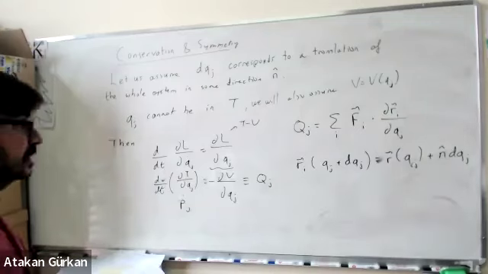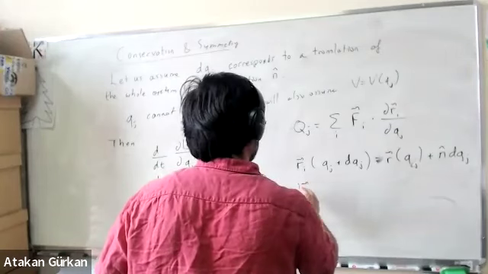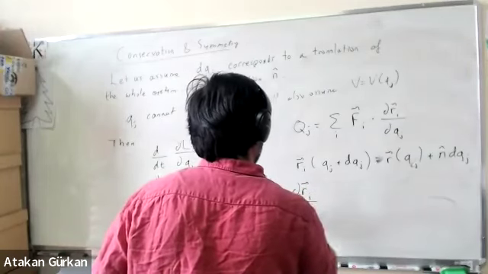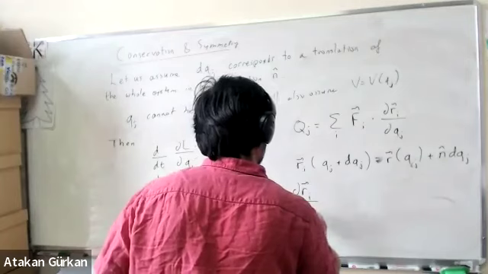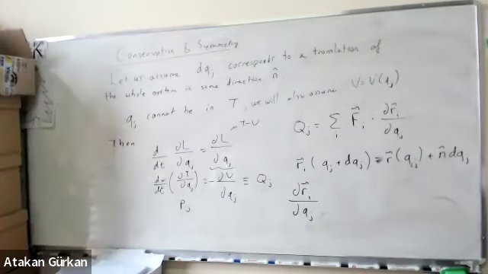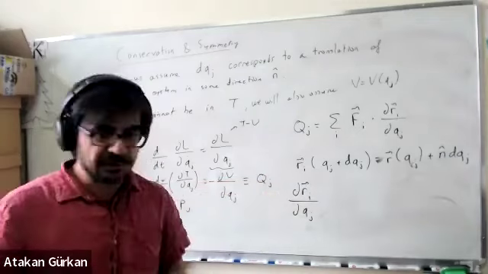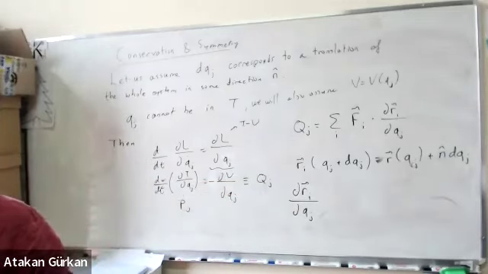Now, what is this? What's the derivative of Ri with respect to Qj if the dependency of Ri on Qj looks like this? Now, what is the derivative?